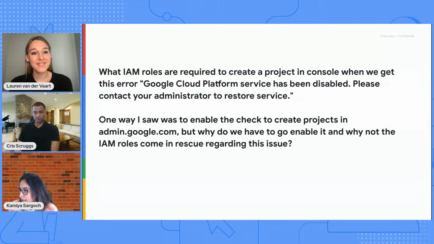And I will take that one as well. That's a great question. I think the error that is seen here is that Google Cloud Platform Service has been disabled, and then please contact your workspace administrator to restore service. This would essentially mean that the user that's trying to access the service is in a Google Workspace domain, and the domain administrator has not enabled Cloud Console.